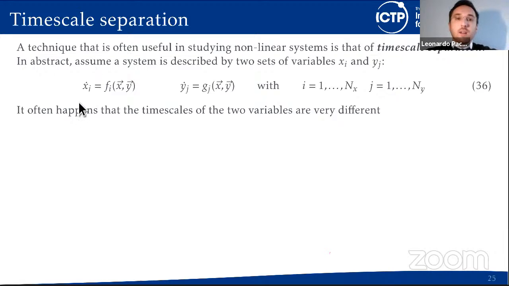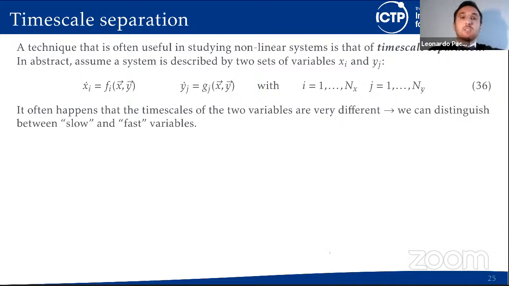For example, if we are describing a large ecosystem where x is the population of elephants and y is the population of rats, we know that the reproduction time of rats is much, much faster than the reproduction time of elephants. So we can distinguish between slow variables and fast variables in the system. Again, I'm going to give you a couple of concrete examples afterwards.